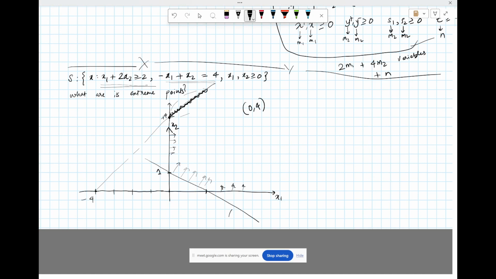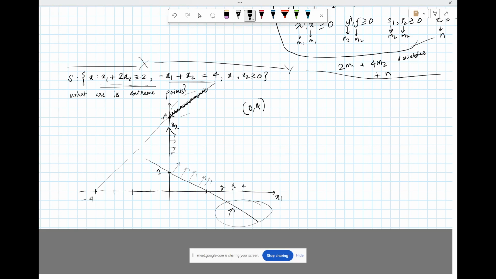What if I remove this constraint? The equality constraint. Then the inequality, x1 plus 2x2 greater than or equal to 2. If I remove this, the first one or the second one?